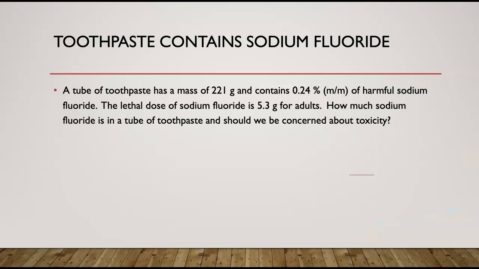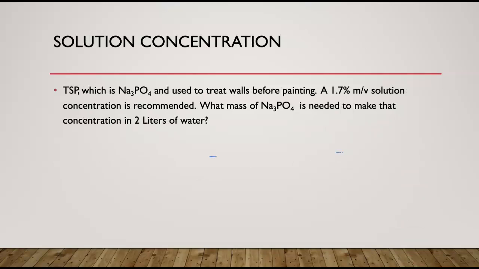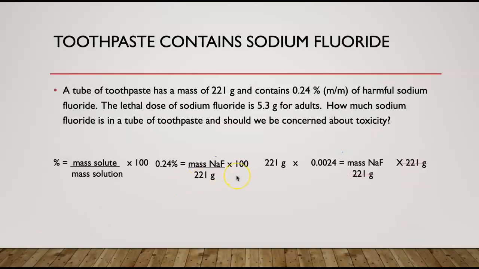All right, so for this tube of toothpaste, we're looking at a mass to mass concentration. So we simply need to figure out the mass of sodium fluoride in that toothpaste tube. So I've got my percent concentration and divide both sides by 100, then multiply by 221 grams, and we come up with the mass of our sodium fluoride, which is 0.0024 times 221.